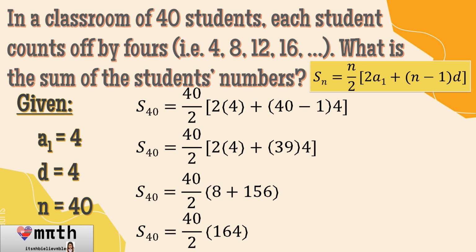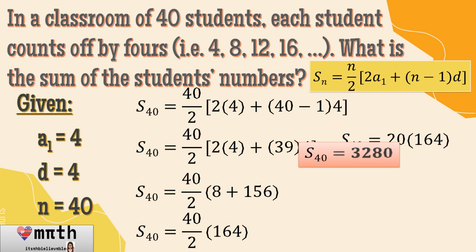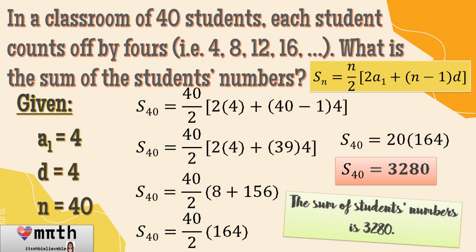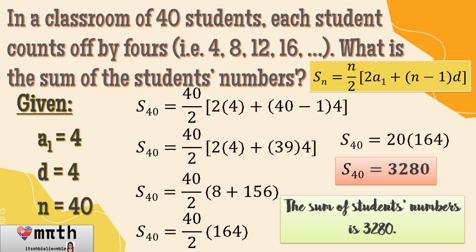And 40 divided by 2, that would be 20. Then 20 times 164, that would be 3,280. So the total, or the sum of the students' numbers, would be 3,280.